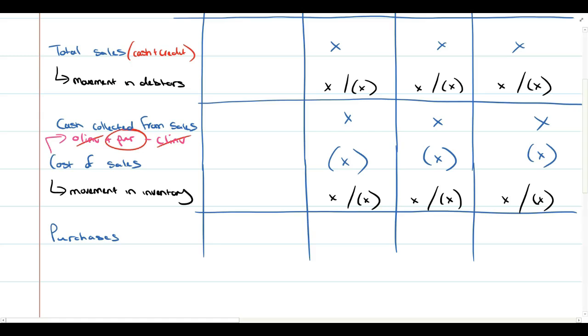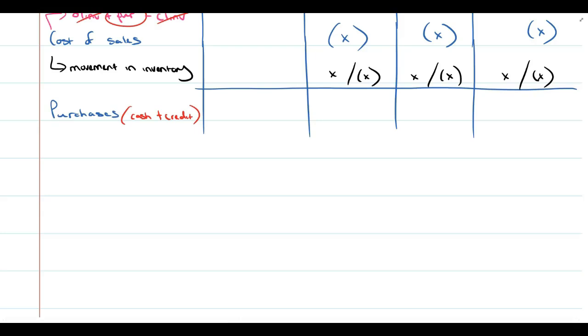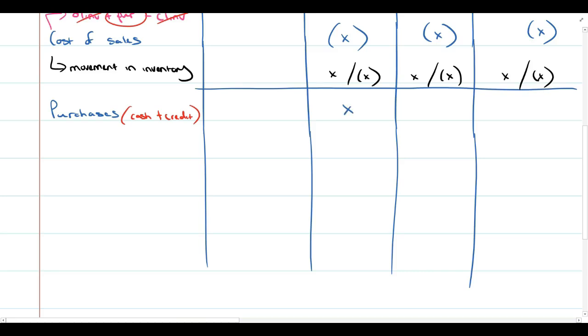However, that leaves me with both my cash and my credit purchases. So there's one last adjustment that I still need to make. Last, we take into account our movement in creditors.